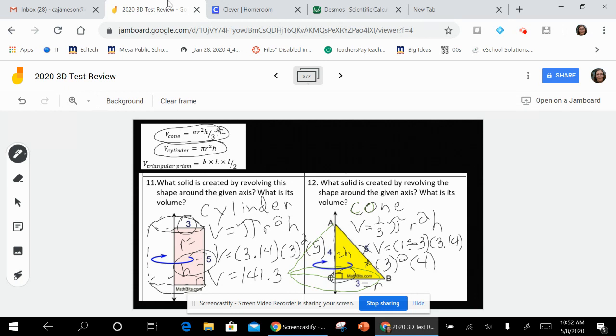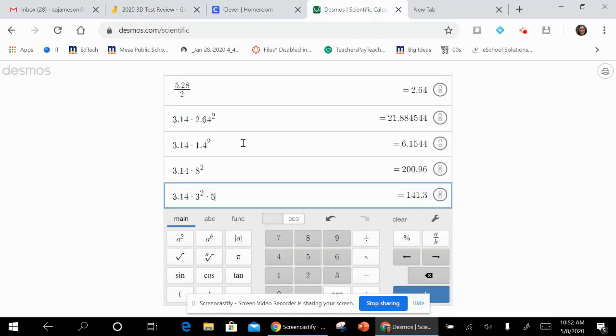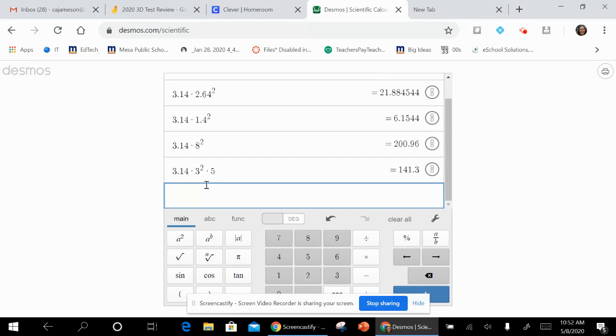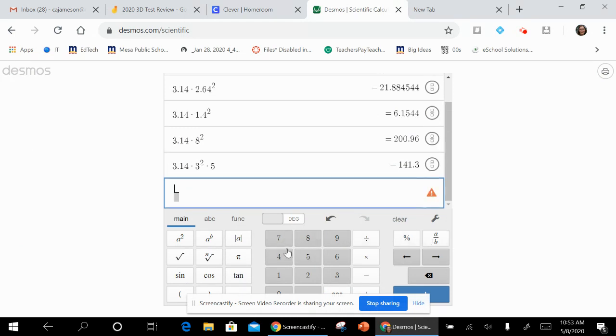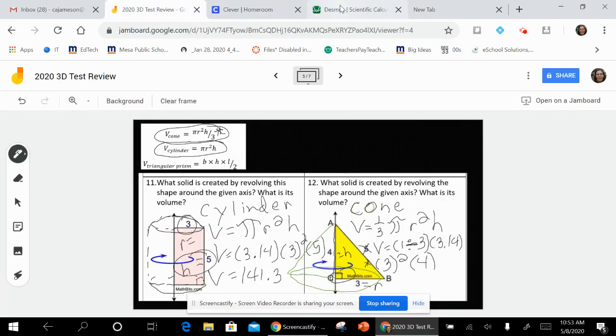Okay, so everybody, we're going to put that all in the calculator. You got this. That's why Decimal Scientific is nice. I do 1, scroll down, 3, scroll to the left, everybody, times pi, so 3.14, times 3 squared, times 4.